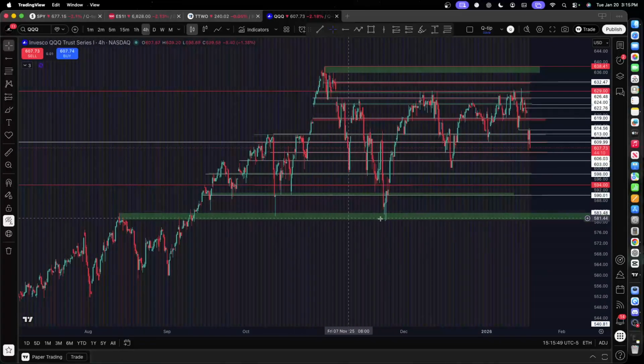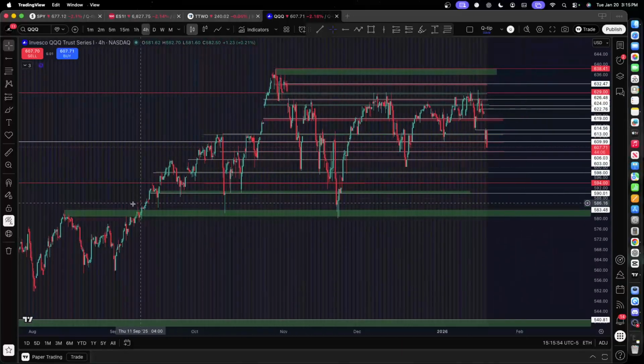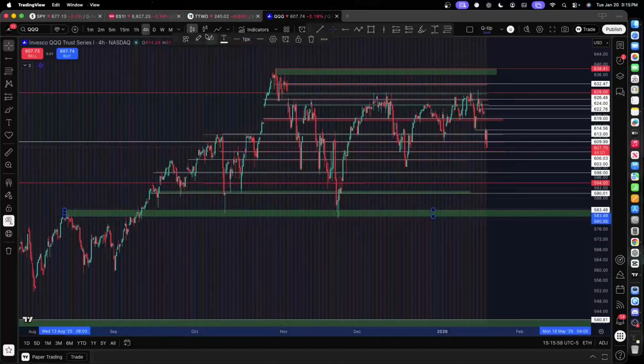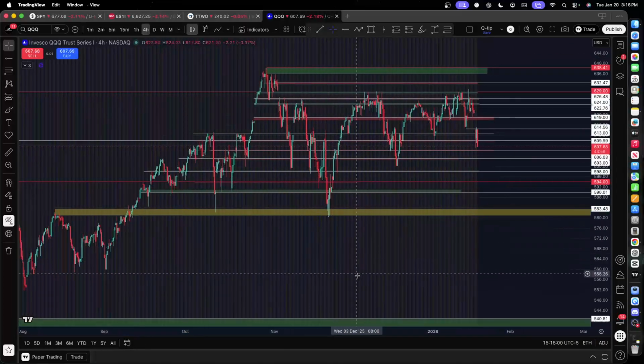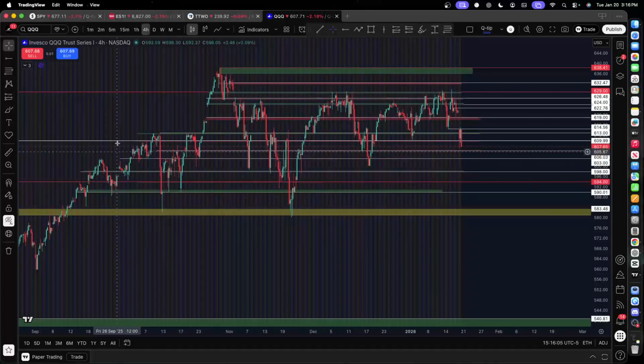If you look, and this is again macro, 4 hour. Let's just talk about a macro for right now. We can see this golden level, which is about to be golden, was a pretty massive step higher in the market. And we have started to channel and range on the macro up here, okay?